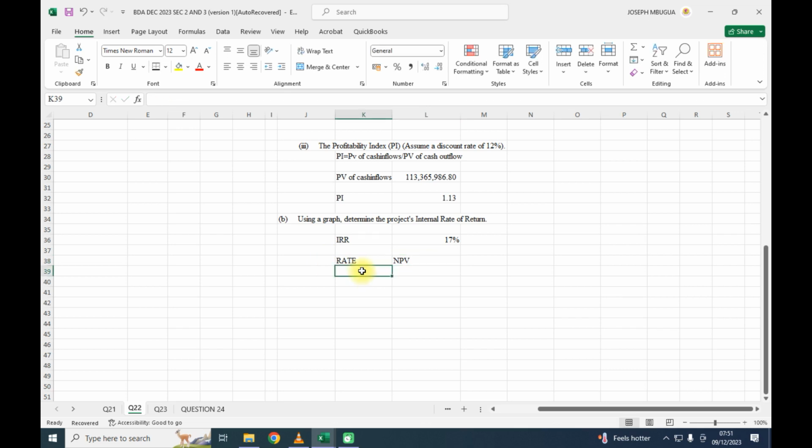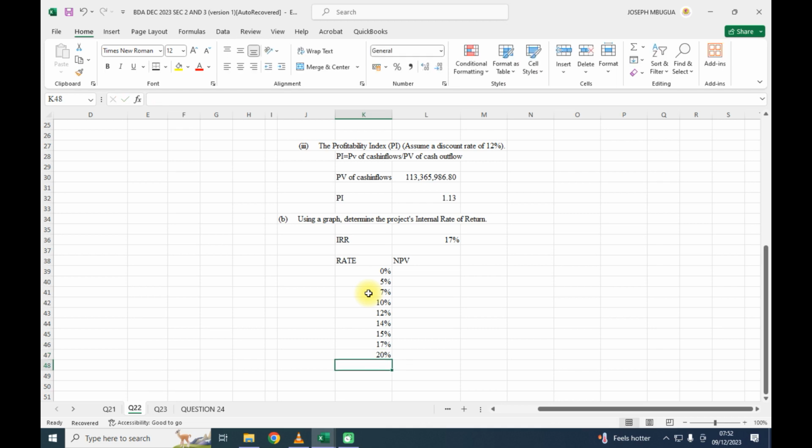I'll have the rate to be 0%, I can have 5%, 7%, with no particular order, can have 10, 12, 14, 15, you can have 17, and you can have 20. Let me use the last one as 20.